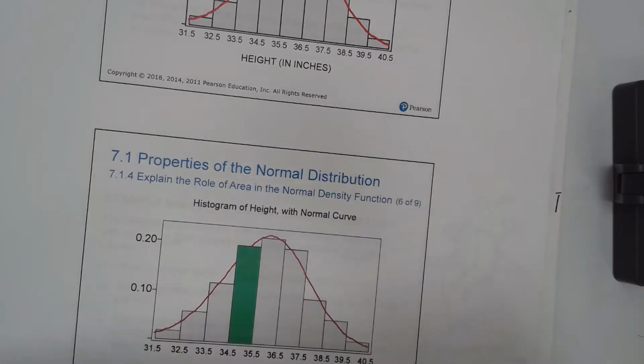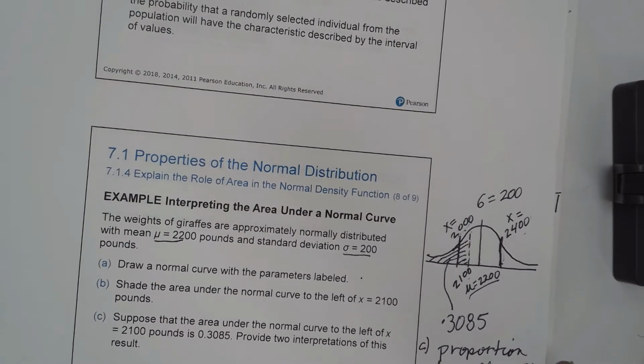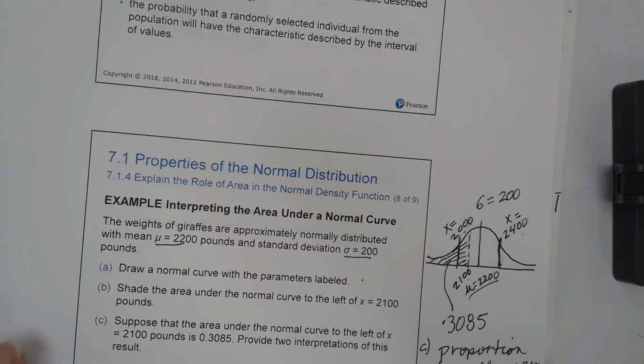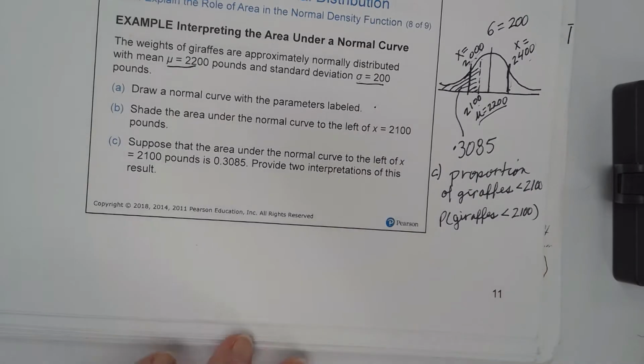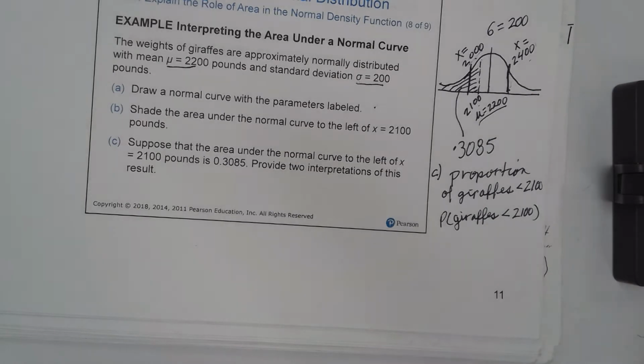Okay, PPP: percentage, probability, and proportion. All right. So let's look at this example. The weights of giraffes are approximately normally distributed with a mean of 2,200 pounds and a standard deviation of 200 pounds. Draw a normal curve with the parameters labeled.